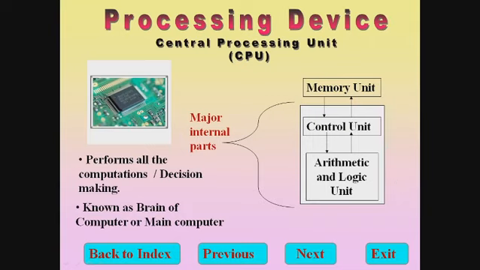The control unit and ALU are both the main parts of your CPU or microprocessor, and these two parts are embedded inside the microprocessor chip. The microprocessor chip always works in coordination with your primary memory, known as the memory unit.